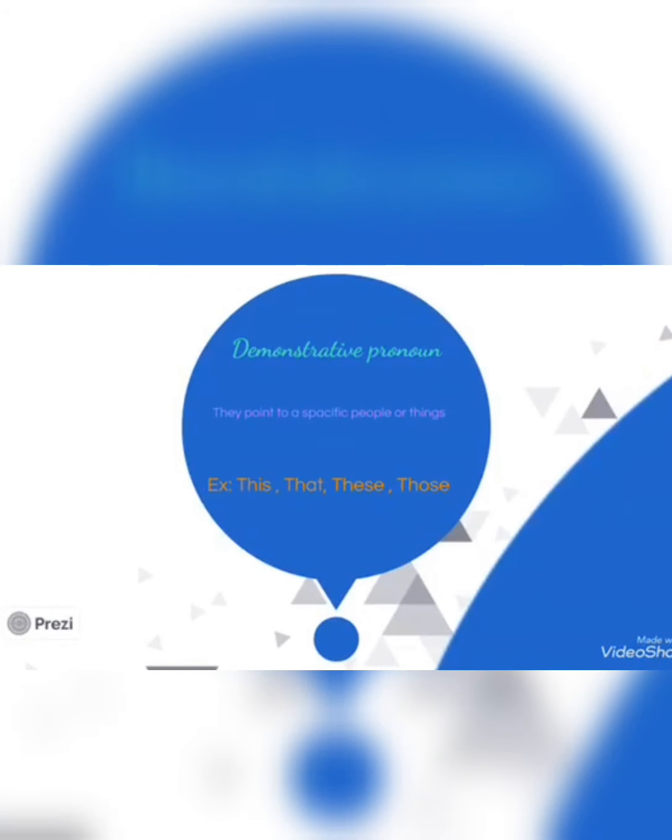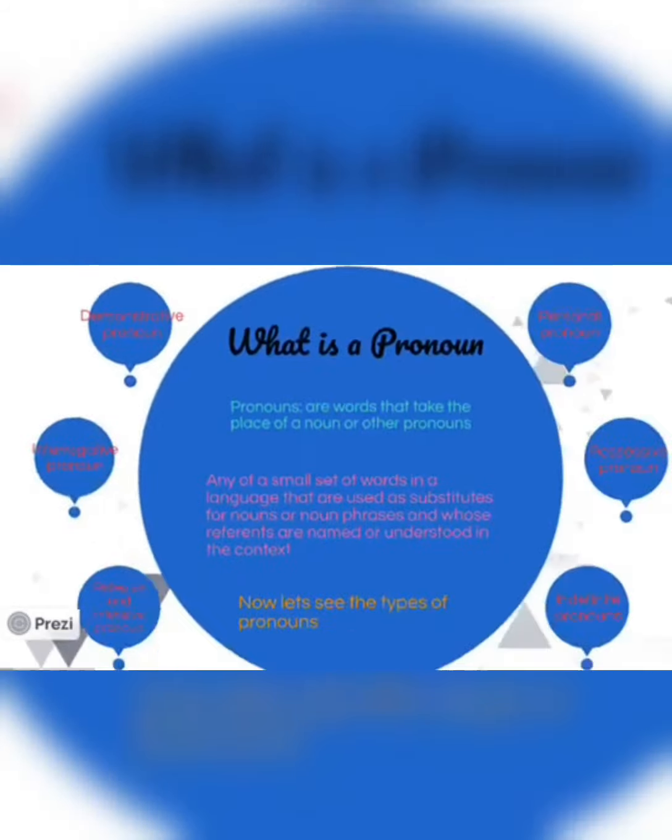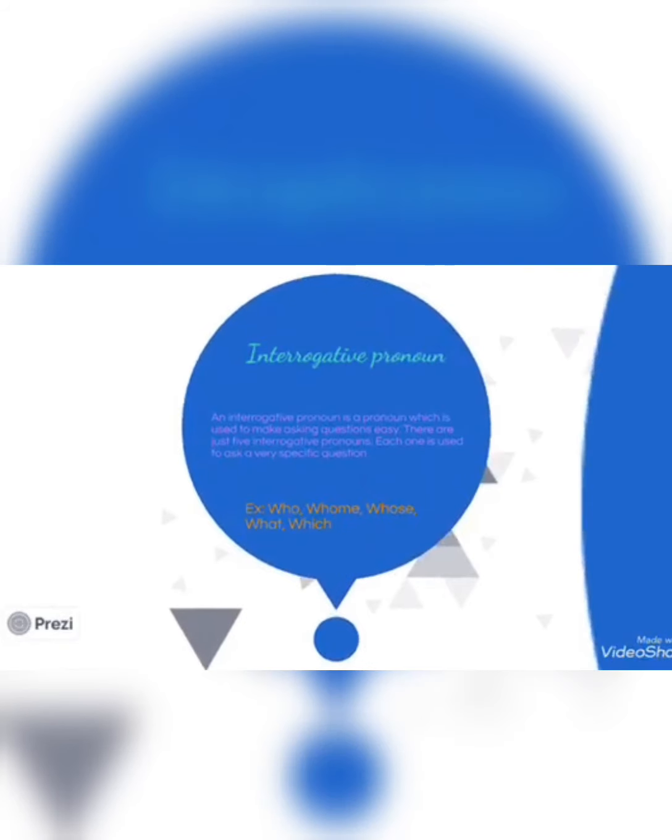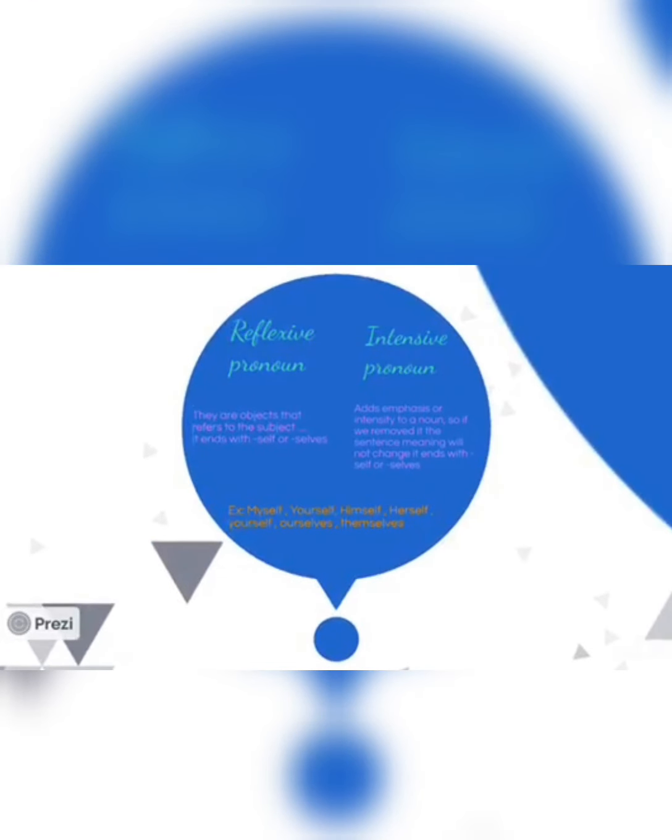Demonstrative pronouns. They point to specific people or things. This, that, these, those. Interrogative pronoun. An interrogative pronoun is a pronoun which is used to make asking questions easy. Example: who, whom, whose, what, which. Reflexive pronoun.